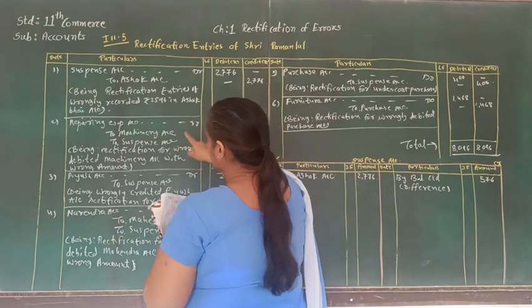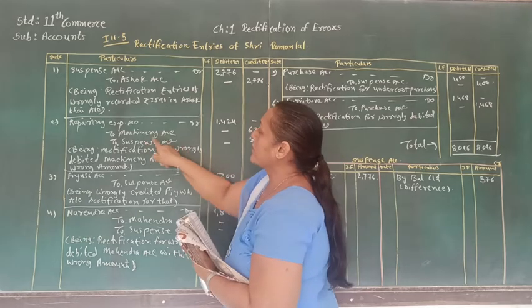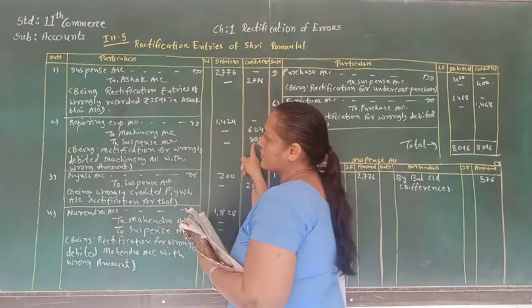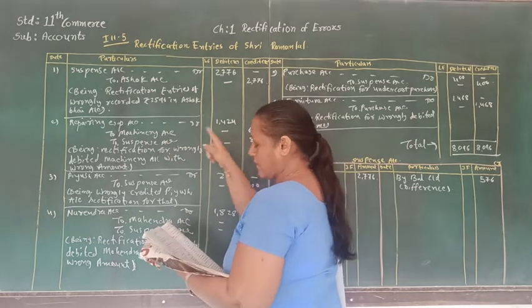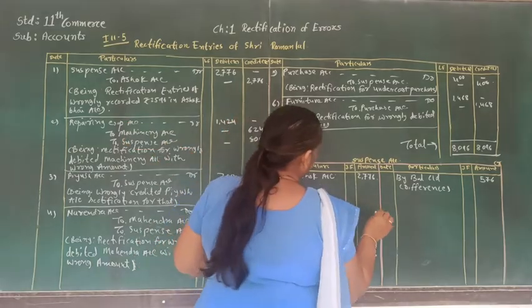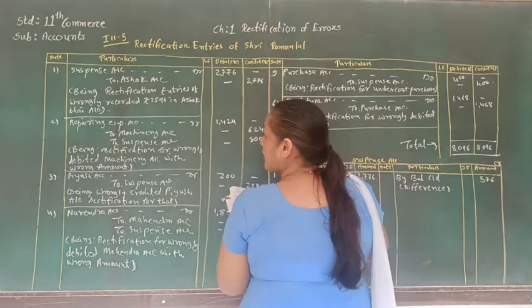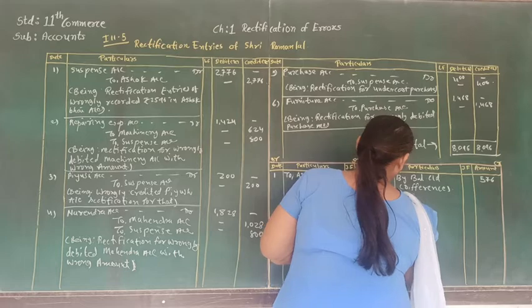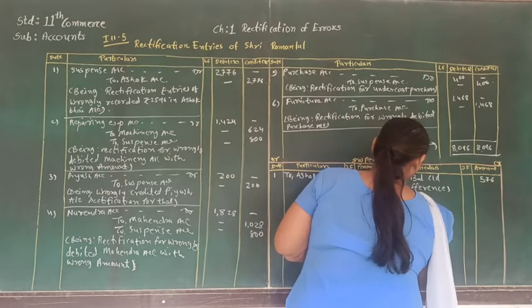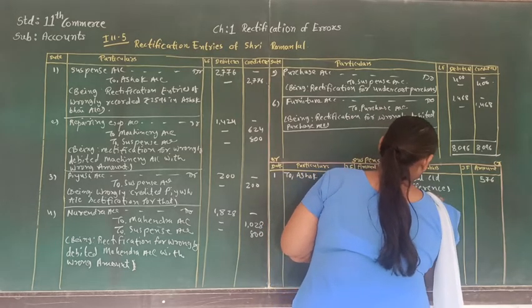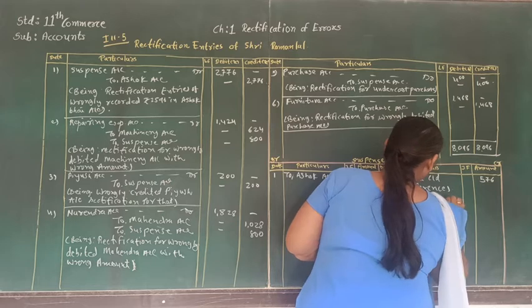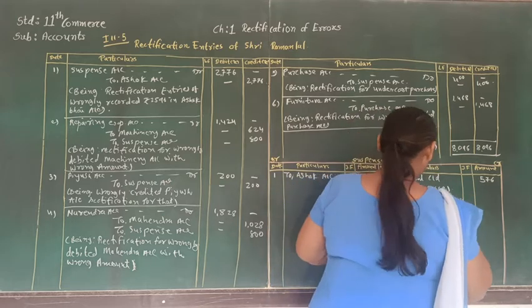In the second journal entry we can see that on the credit side of suspense account we are supposed to write by repairing expense account, and the date will be second, by repairing expense account, and here the amount will be 800.